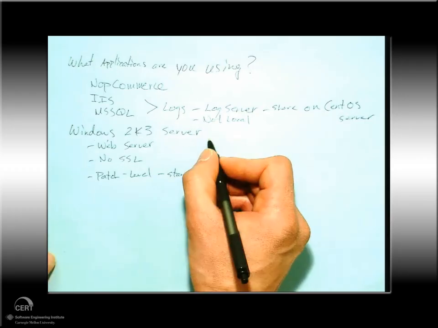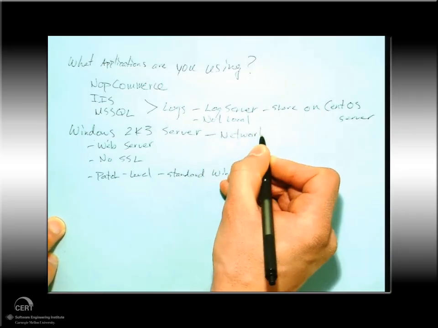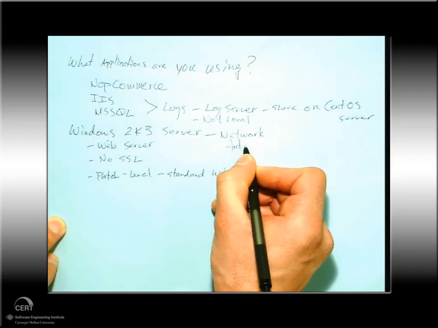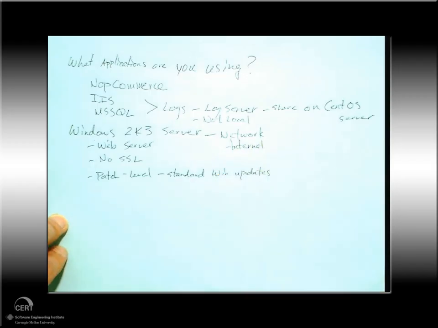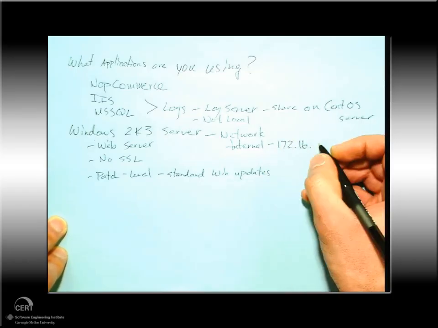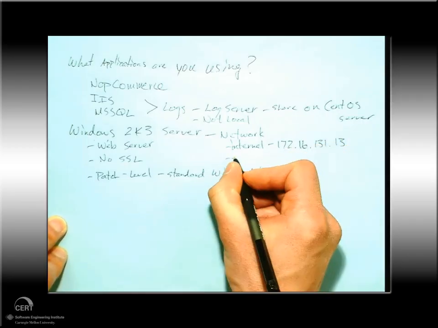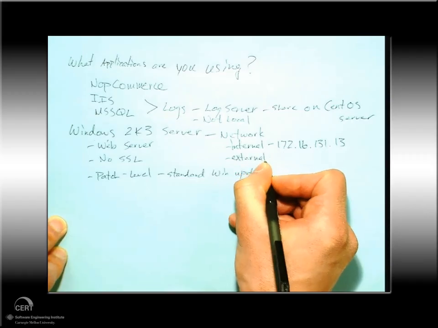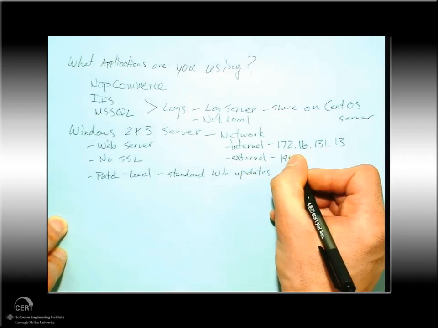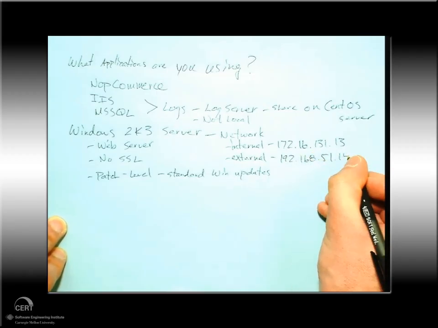It has an internal network interface, which is accessible by internal hosts within the Three Rivers Up Three Creeks environment, which is 172.16.131.13, and then it has an external facing address, which is 192.168.51.14.